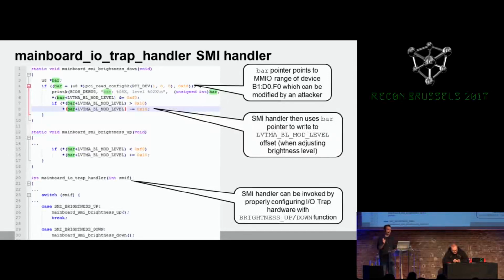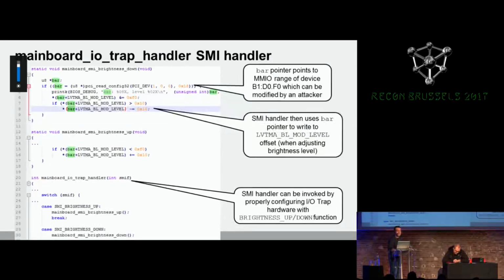It checks whether the value is greater than 10 hex. If it is, then it tries to decrease it. If it's less than F0, then it tries to increase it. So what it's doing is essentially trying to change the brightness.